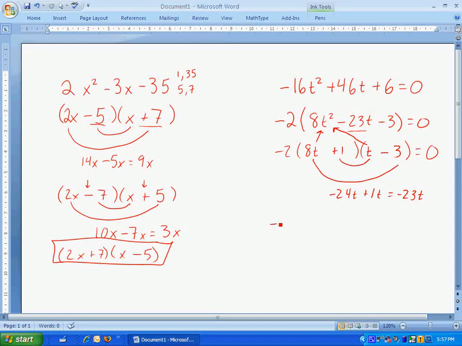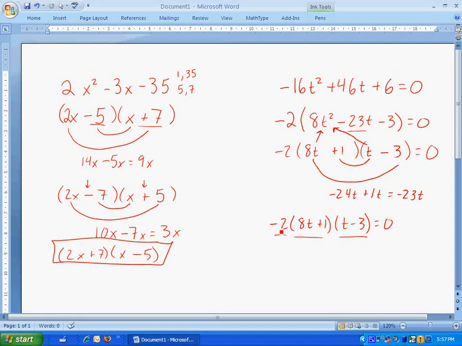So now this one actually has it equal to 0, so I actually need to solve this one. Since it's equal to 0, then one of the things multiplying to give me that 0 has to end up being 0.